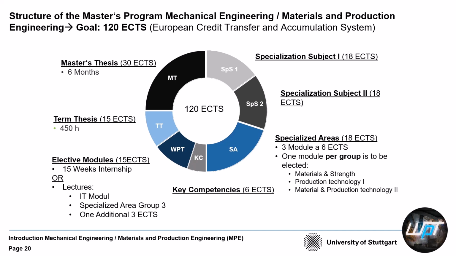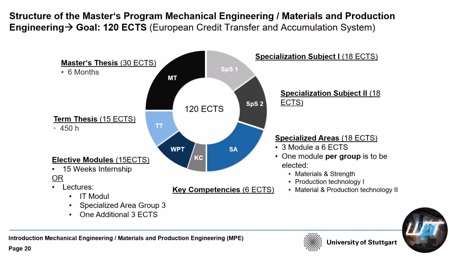That means 450 hours is within 6 months, a 3 months work. So your workload is by 50%. So many students try to combine, to overlay this term thesis work with their regular term to listen to the lectures.